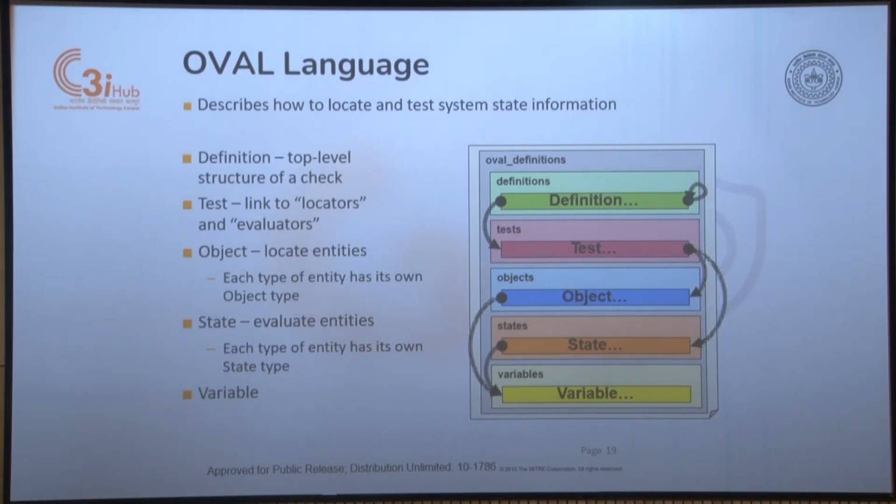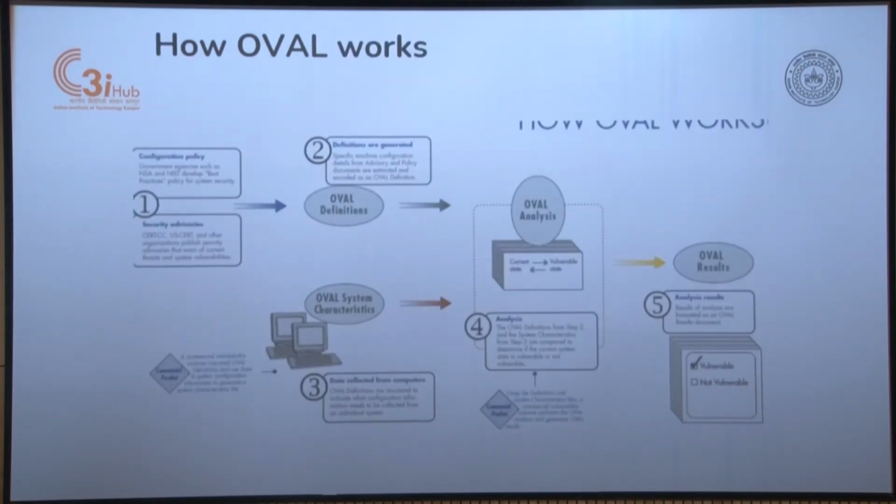So, that is what the OVAL language is about, right. You basically create certain tests, and these tests depend on certain definitions and certain objects, variables and state.